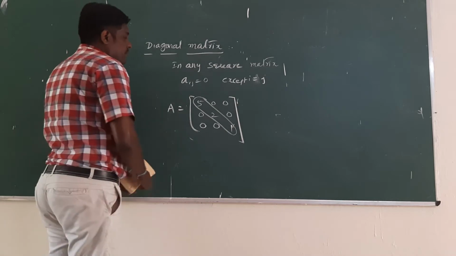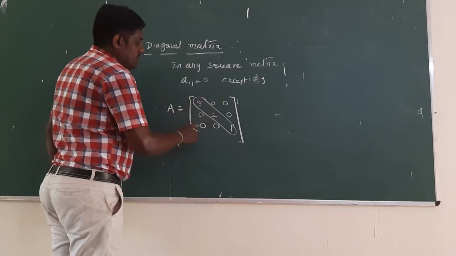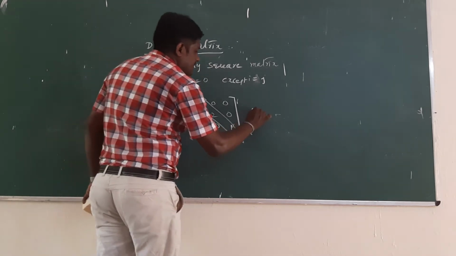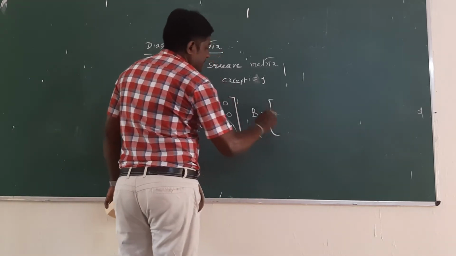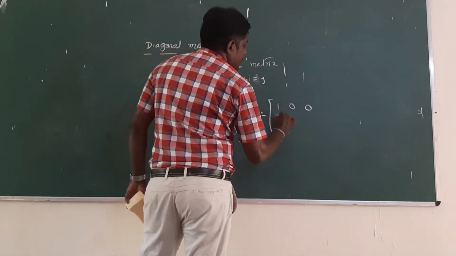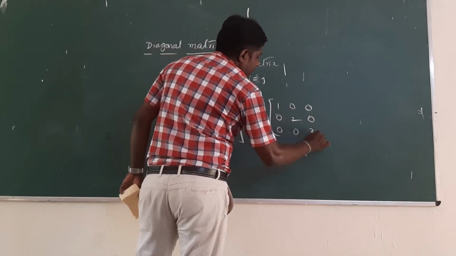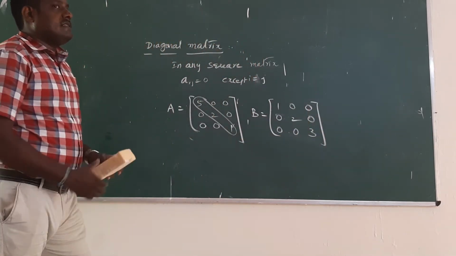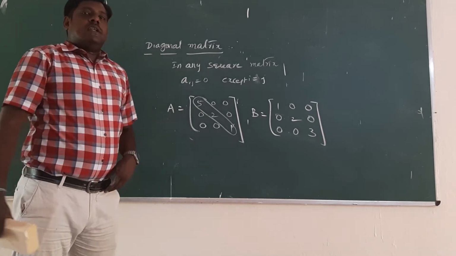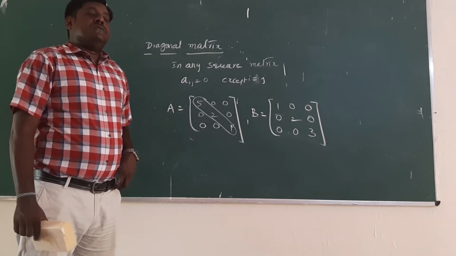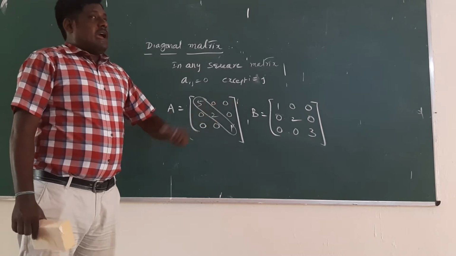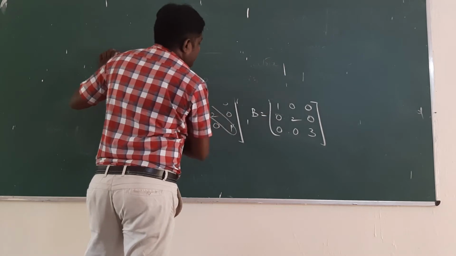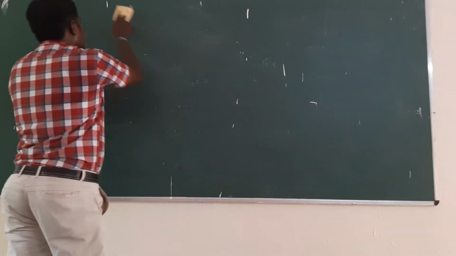Except for the elements in the principal diagonal, the remaining elements are 0. That's why this matrix is called a diagonal matrix. And see matrix B: 1, 0, 0, 0, 2, 0, 0, 0, 3. This is also a diagonal matrix, because all elements are 0 except the elements present in the principal diagonal. So this is about the diagonal matrix.